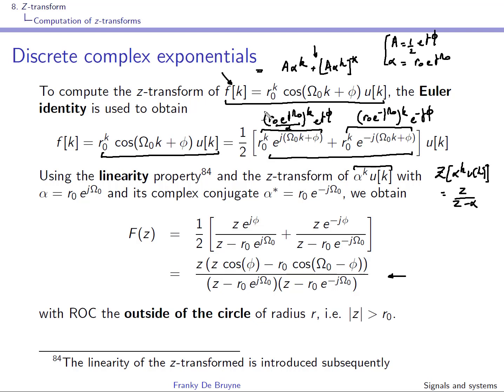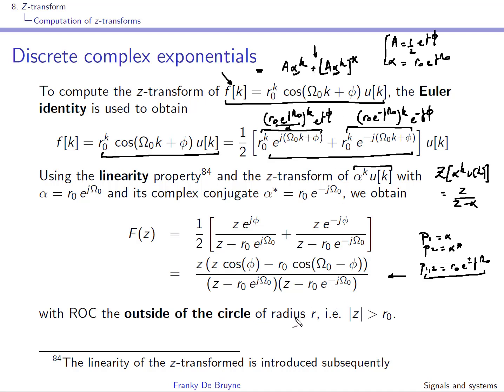what you have to see is the link between this signal and the poles. The poles are z is equal to alpha. So the first pole will be alpha, and the second pole will be alpha conjugate. So the poles are r0 exponential of plus minus j omega 0. So they are clearly linked with the alphas that you have over here.